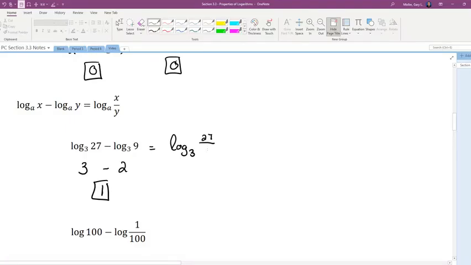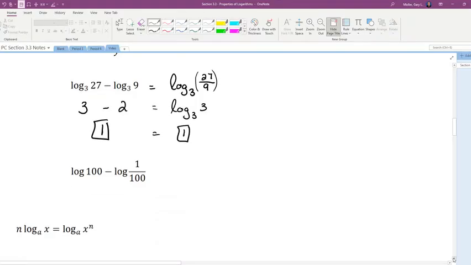So 27 divided by 9. Make sure you don't write log divided by log, but it's log of two numbers being divided. That's a pretty common error, to mess that up. We know that 27 divided by 9 is 3. So this is log base 3 of 3, which we know to be 1.